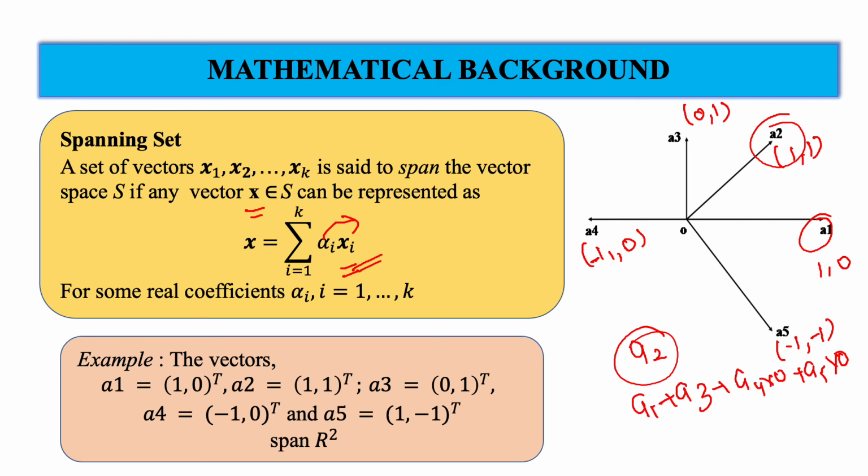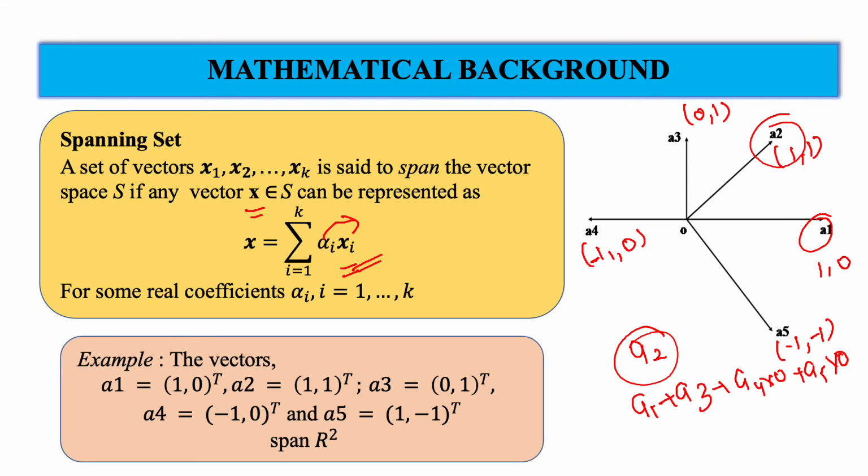We use A1 and A3 to represent A2. If you sum, you will get (1, 1). Similarly one can work out other examples of vectors which can be represented using these vectors.